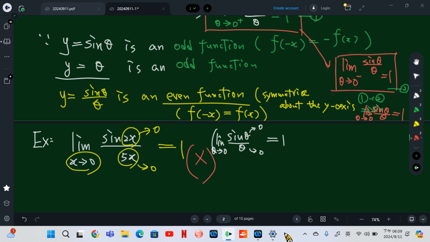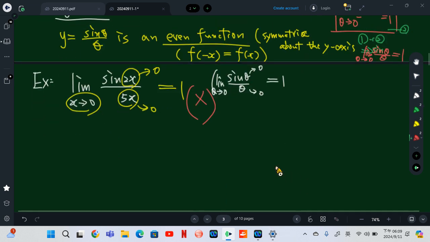Yes, we need to adjust that. So this is why I want to impress you. I just showed you a wrong derivation. The correct one should go this way.